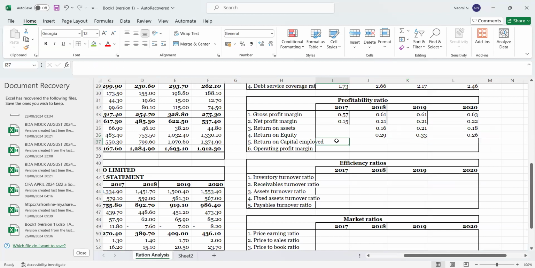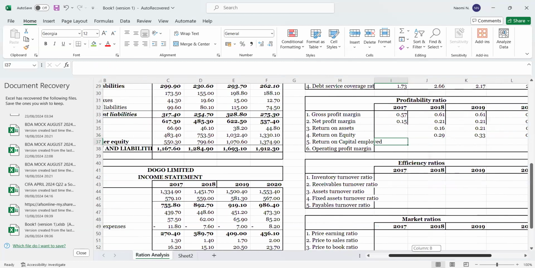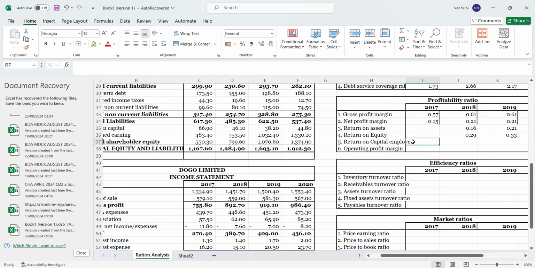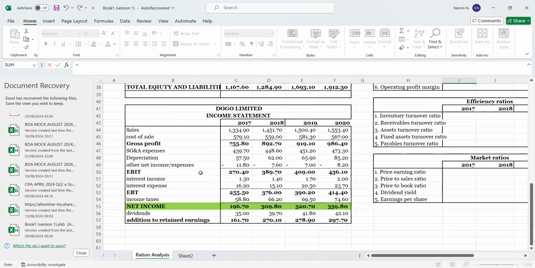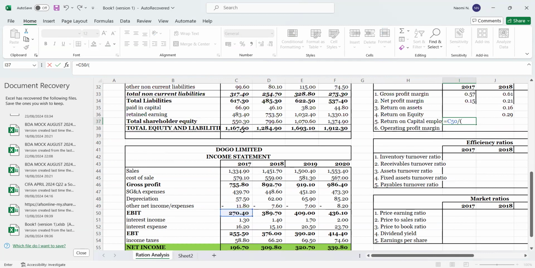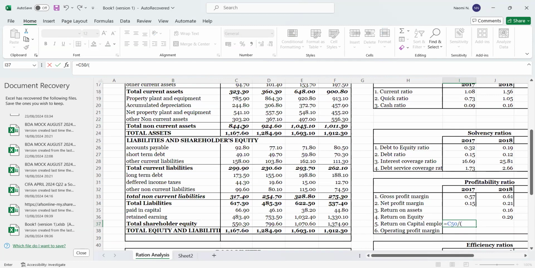We will start from the first year because it is not an average thing. So it's equal to EBIT. Where is EBIT? This one. Then we divide by, in brackets, total asset for the first year. We remember it is up here. Total asset minus current liability.